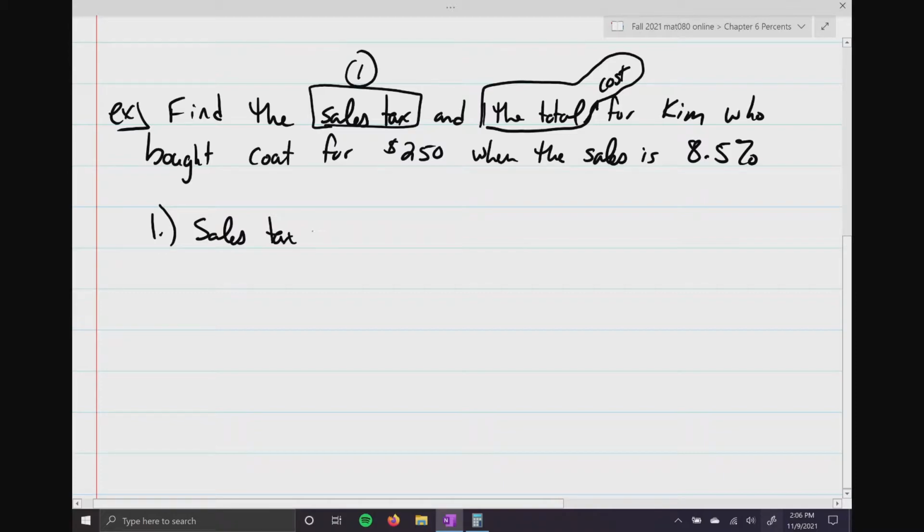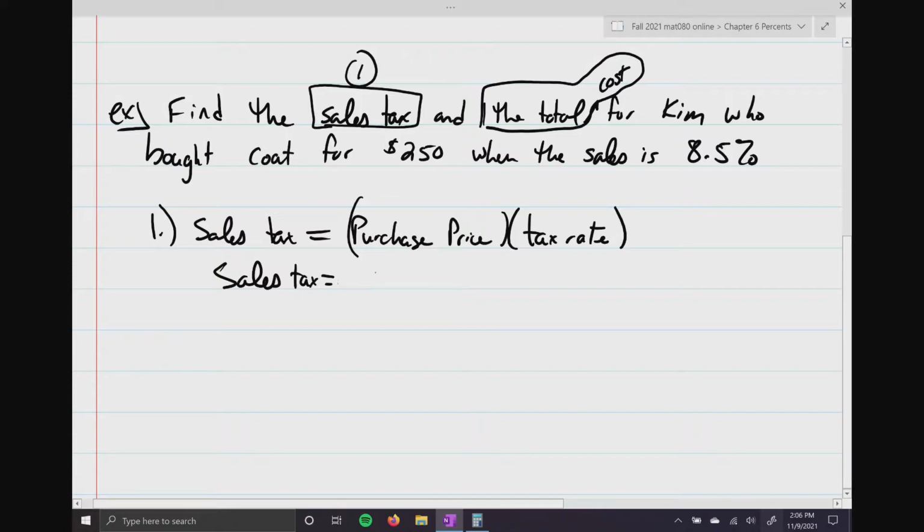Now remember, sales tax is going to equal the purchase price multiplied by that tax rate. So for us, sales tax is going to equal $250 times, now remember, the tax rate is usually given as a percent, so we need to take 8.5 and convert it into a decimal. We know how to do that very quickly.